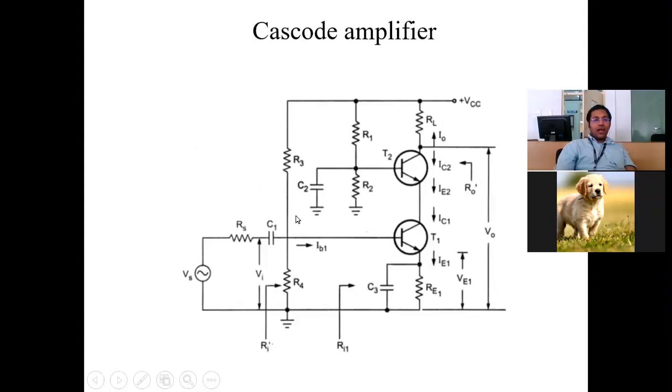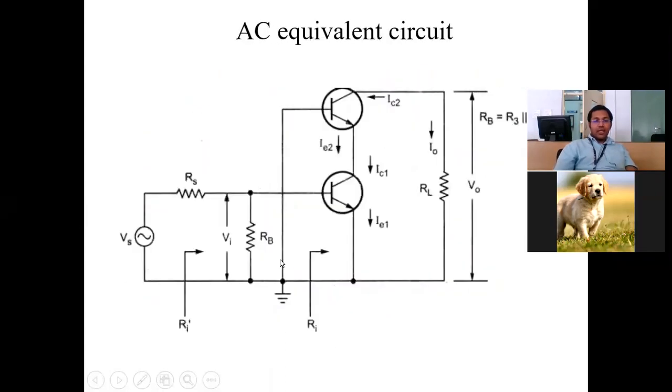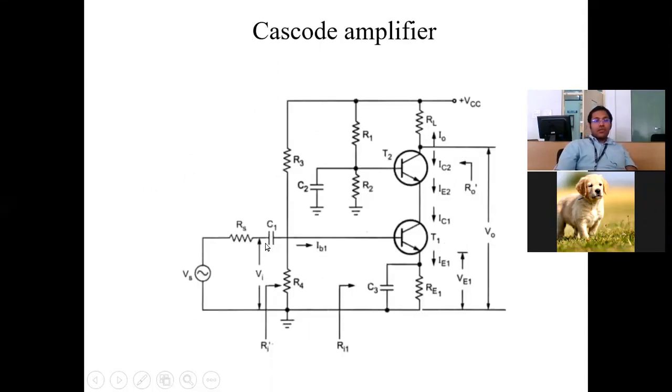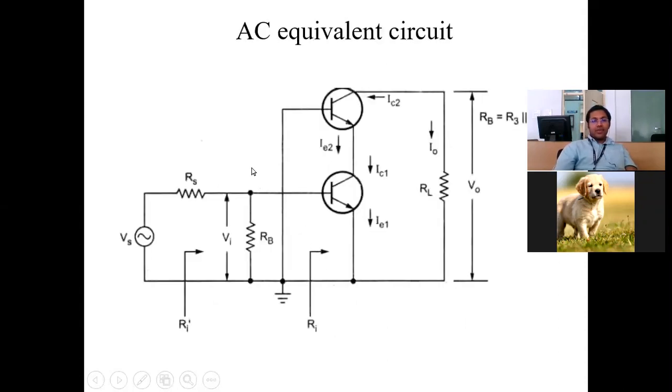That I am writing as RB, where RB is the parallel combination of R3 and R4. So this part we have completed.